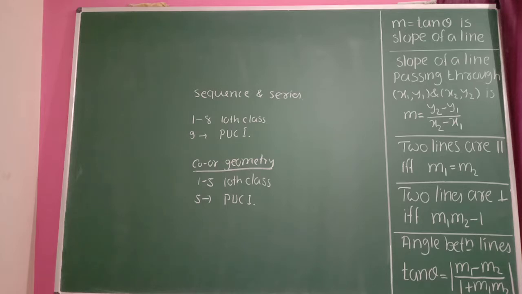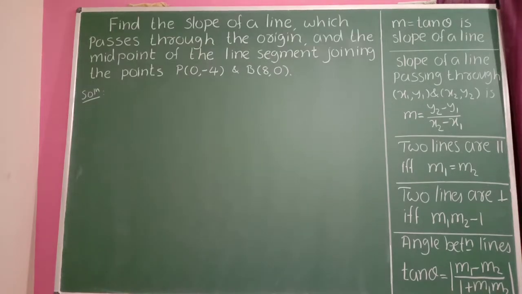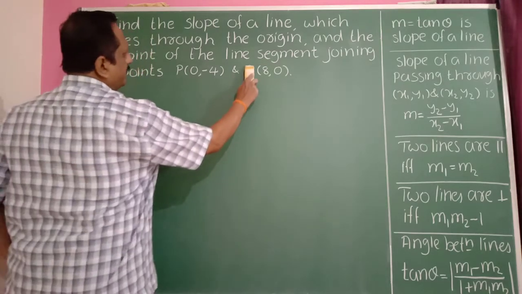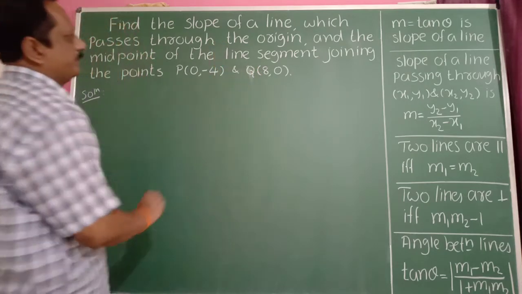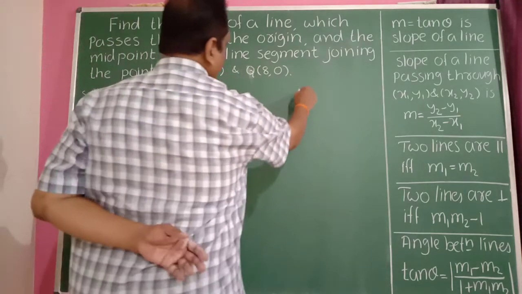Find out the slope of a line which passes through the origin and the midpoint of the line segment joining the points P 0 comma minus 4 and Q 8 comma 0.